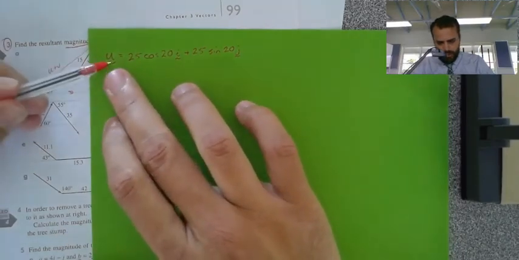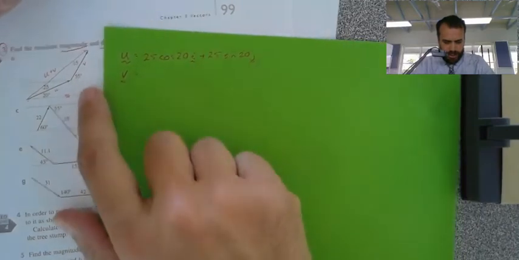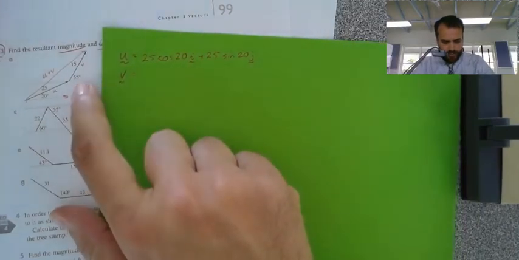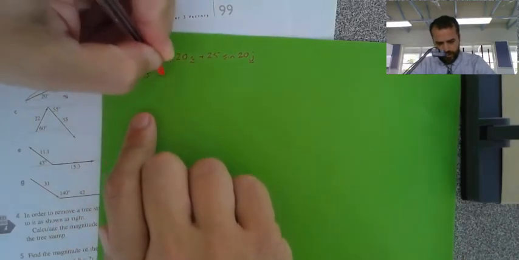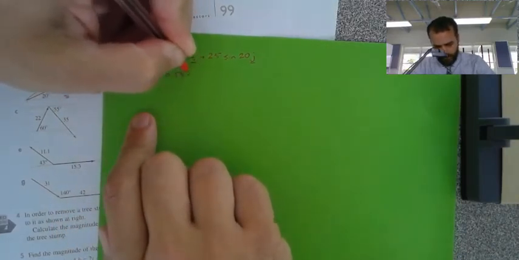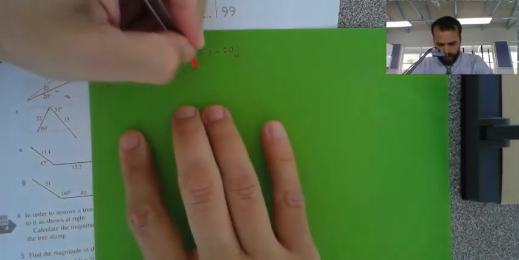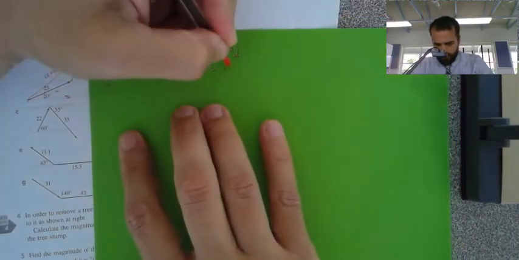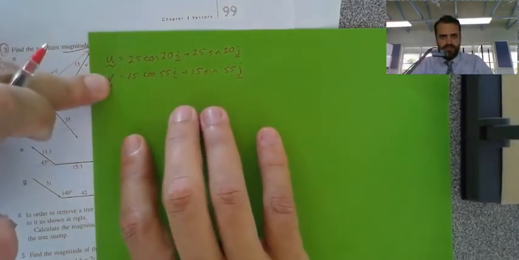So there's our u. Now our v is going to be 15 cos 55 i plus 15 sine 55 j. So there's u and v.